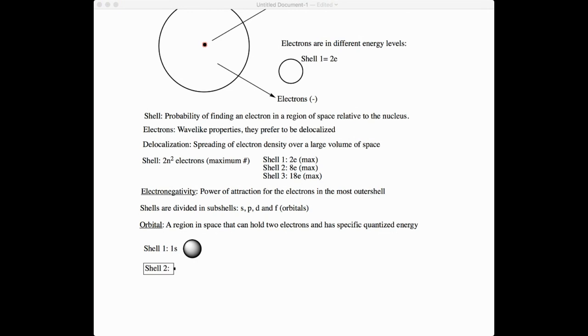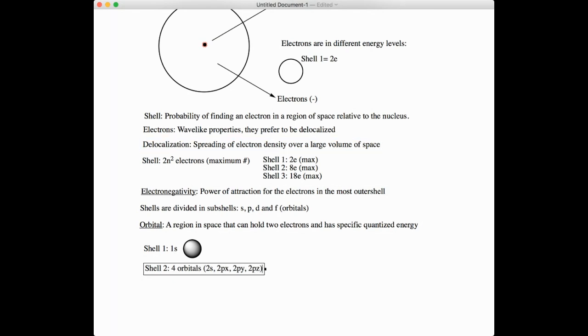And so if we can have 8 electrons, guys, and this is so important in organic, you will see why later, what's the number of orbitals we will have in shell number 2? 4 orbitals. Okay, so one orbital is going to be s, and 3 are going to be p. I'm going to call them px, py, and pz.